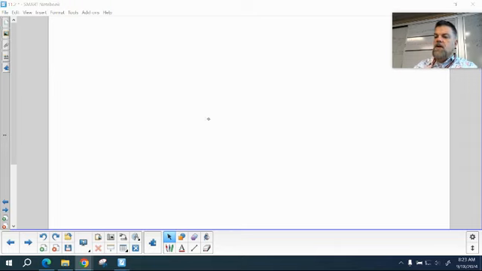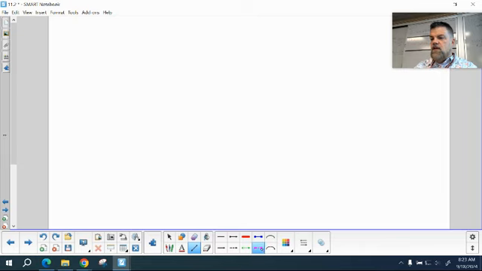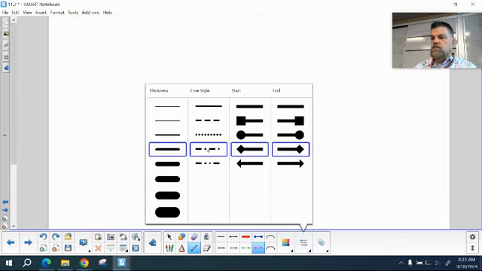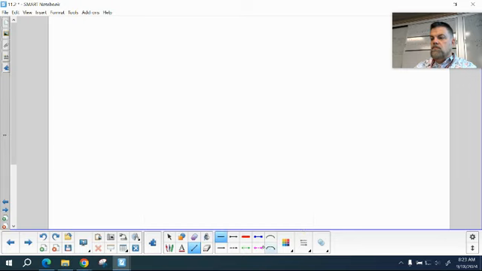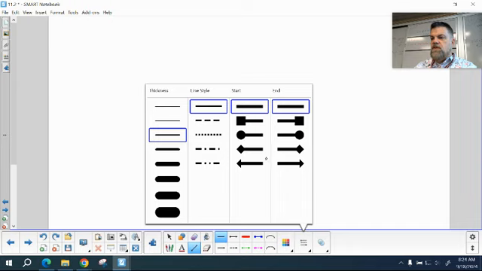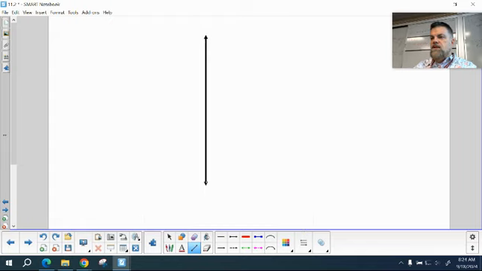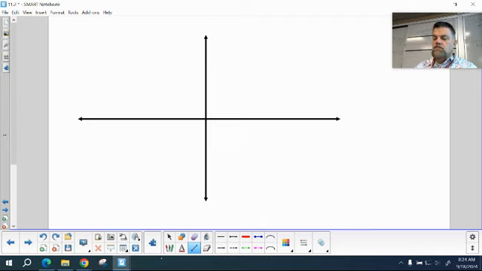All right, so what I want you guys to do is, you can just sketch this out. Start by sketching an XY plane on your paper, and we'll label that, of course.